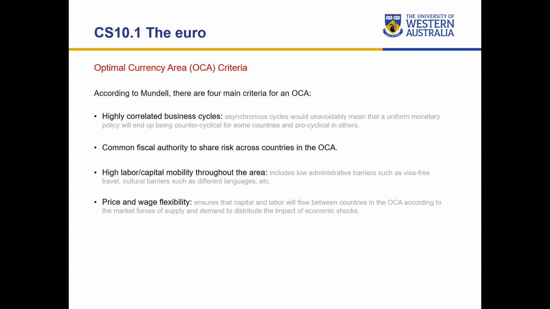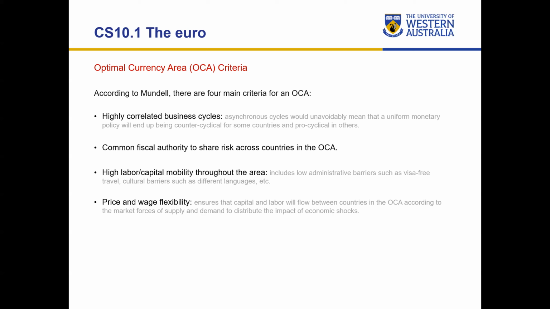We've got four criteria that a group of countries need to satisfy before they can benefit from the adoption of a single currency. If a group of countries don't satisfy these, then it's very likely that the adoption of a single currency is going to do far more harm than good.